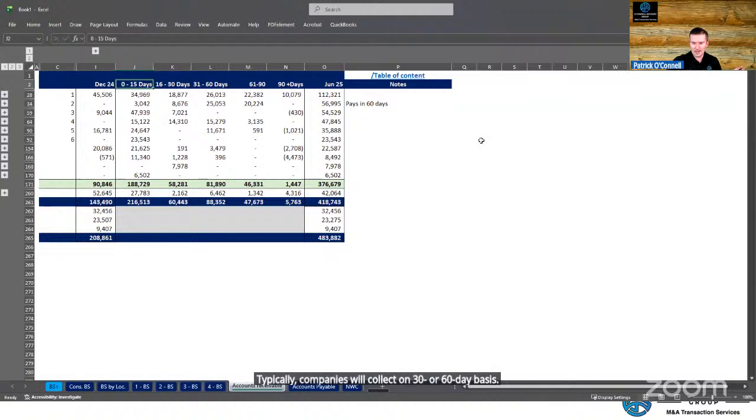What's important in an accounts receivable analysis is double clicking on what are the amounts that begin to look aged? What are some of these receivables that are 60 days old or 90 days old? And the reason it's important is at the time of sale, you typically are delivered what is known as working capital.